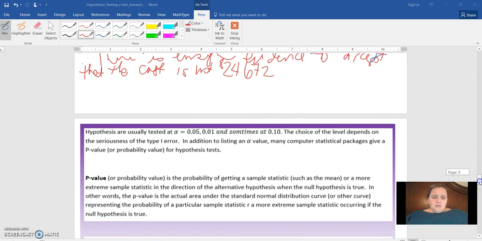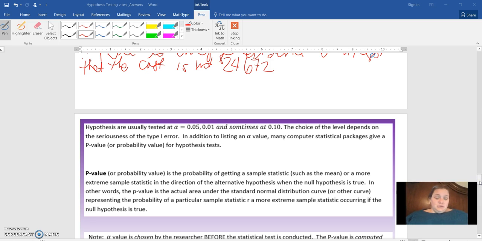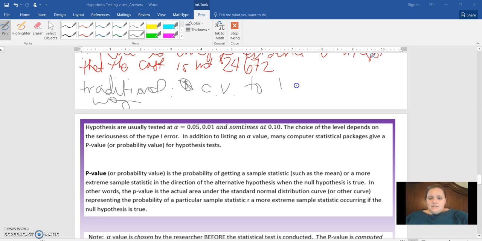All right. So what we just did was the traditional way, where you compare the critical value to the test value.